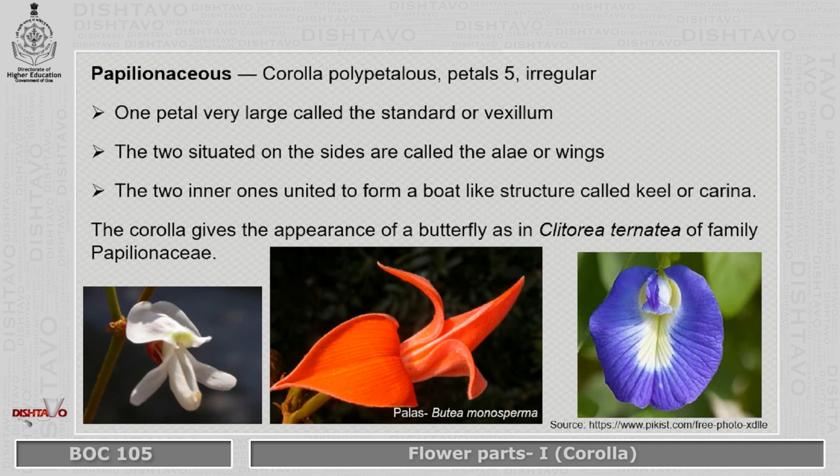Then the 2 side petals to this large petal are called alae or wings, and the 2 inner ones united to form a boat-like structure called keel or carina. In some flowers, like in Clitoria ternacea, this flower may appear like a butterfly, and generally this kind of structure of the flower is called papilionaceous corolla.